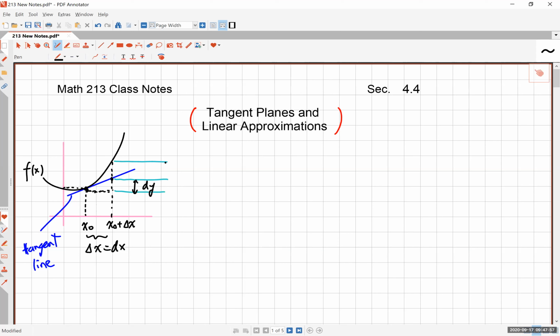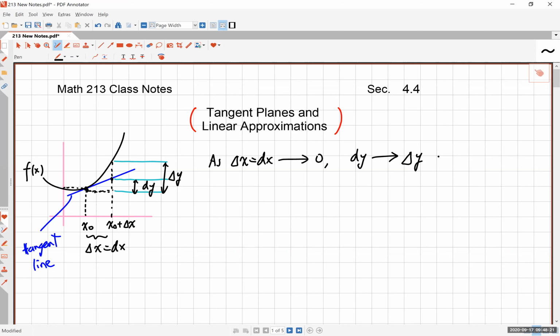It is used to approximate the real difference, which is delta y. And the idea is that as delta x, which is dx, gets smaller and smaller, delta y gets closer and closer to dy.